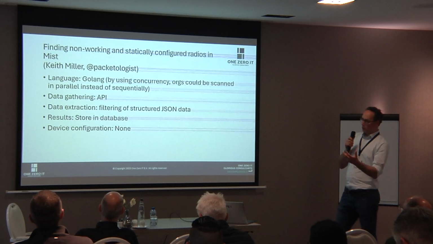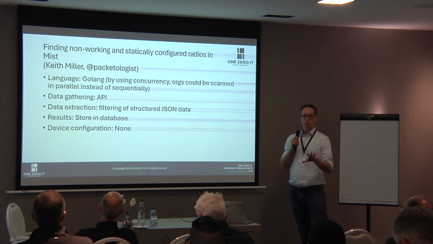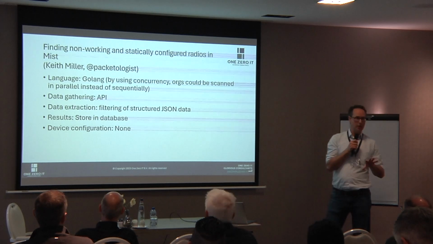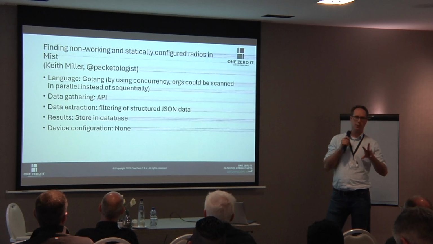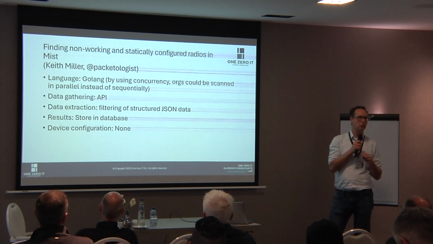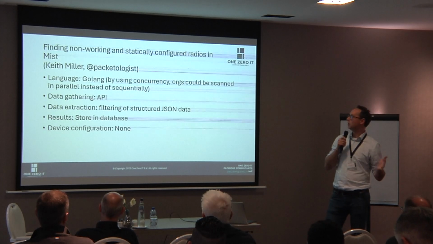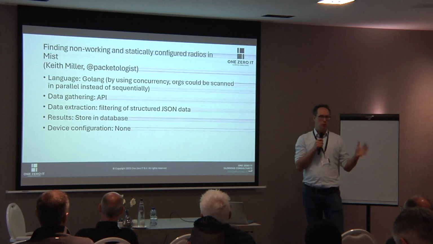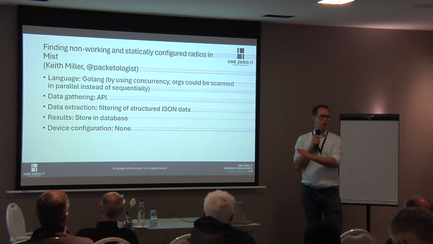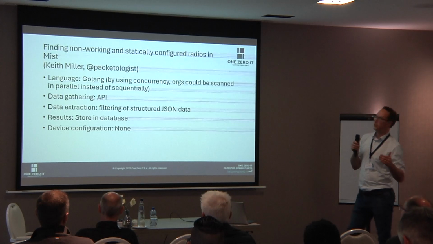So what language did he use? He switched over from Python to Golang because Golang has the option of concurrency. So in MIST, he had to connect to different ORGs. Golang was able to connect to those different ORGs in parallel instead of sequentially.